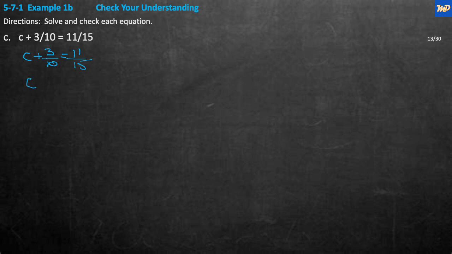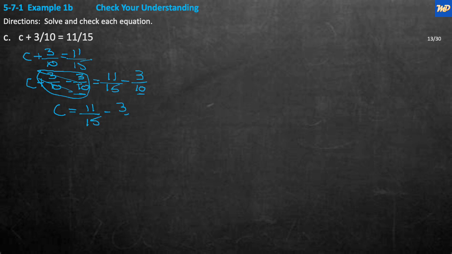So we have c plus 3/10 minus 3/10 is equal to 11/15 minus 3/10. It's the same negative 3/10 that I have to take out on both sides, right? We did this so that we could get rid of the 3/10 together with the c. So now these two numbers cancel each other out, and we end up with c equals 11/15 minus 3/10.